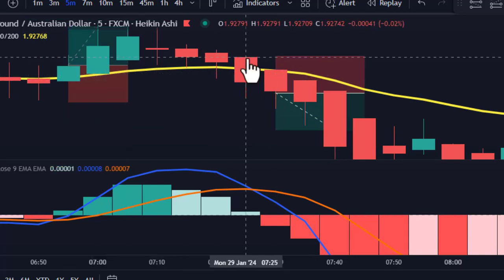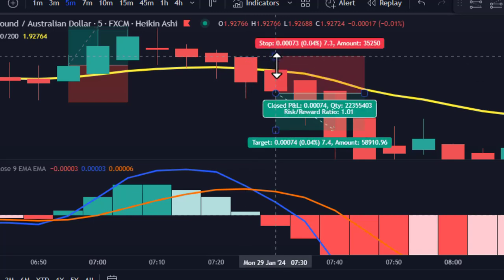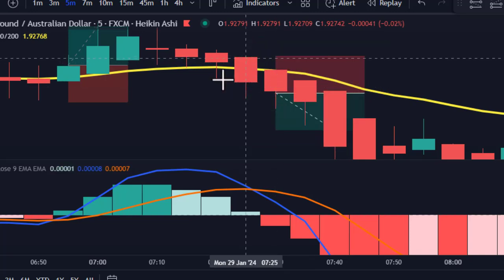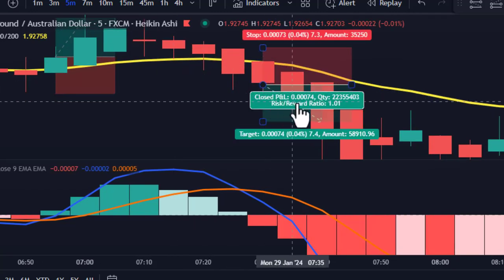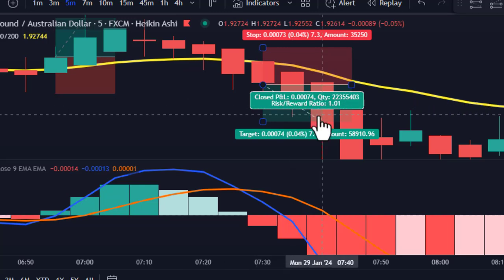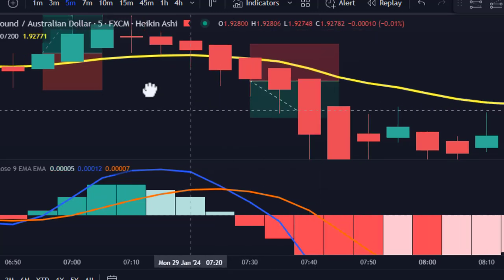The opening of the previous candle is gonna be our stop loss as we enter here, and our take profit again easily is gonna be 1 to 1. So we're gonna risk 1% to make 1%. So TP hit over here again.